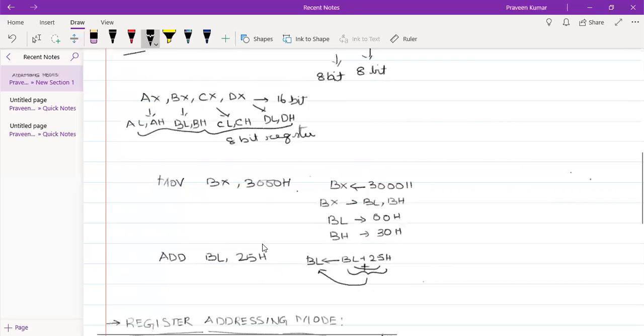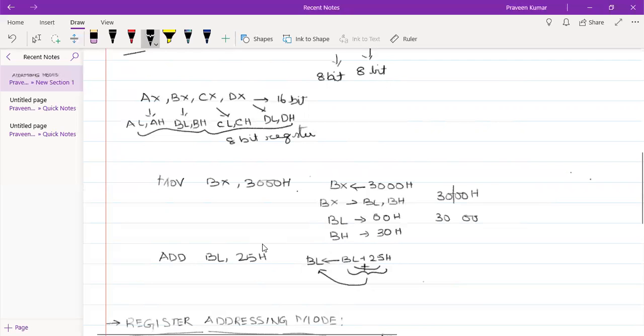So the BX register will be loaded with the data 3000H. 3000H can be divided into two parts, 30 and 00, where 00H is copied into BL, and 30H is copied into BH. Therefore, the BX register contains 3000H.